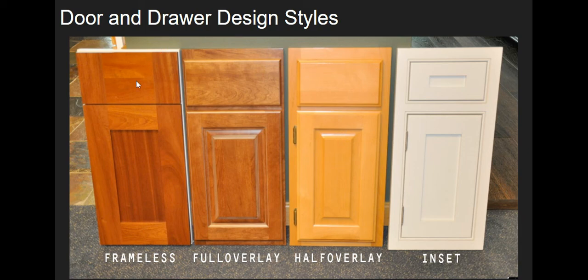So here we'll start on the left. This is the frameless cabinet like we just talked about. The drawer on the top and the door completely covers the box behind it. You're not going to see any of the face frame like you do on these other cabinets. These three on the right are all face frame construction cabinets. You see the face frame in between the door and the drawer, goes all the way around.